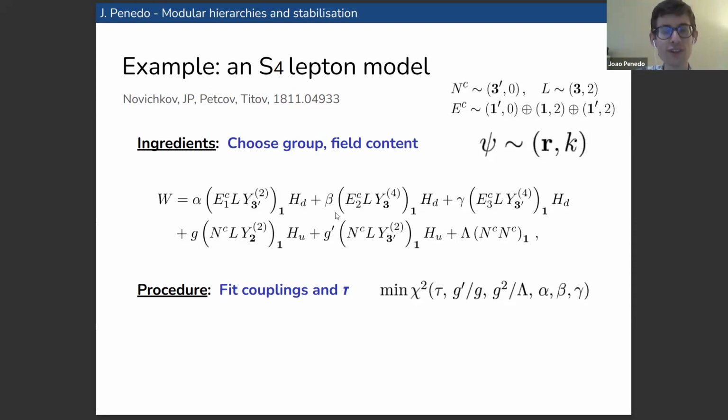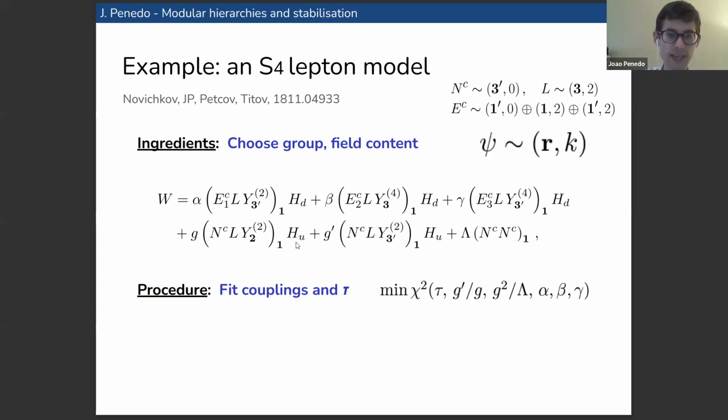But all the other terms have a function of tau. So in the bottom-up approach, you just fit. You try to minimize the chi-square by varying the tau and your other parameters, alpha, beta, gamma, and let's say the important things are g square over lambda and the ratio g prime over g.